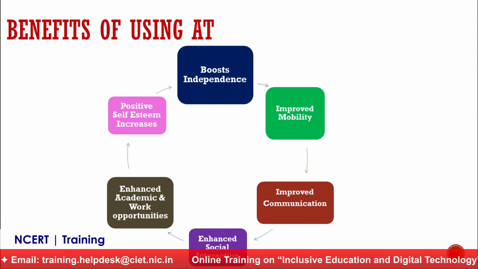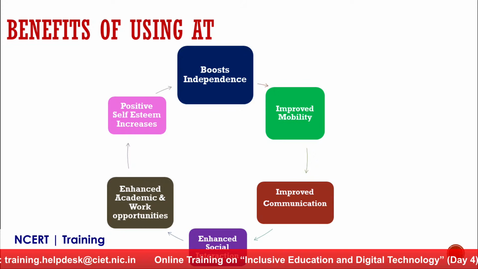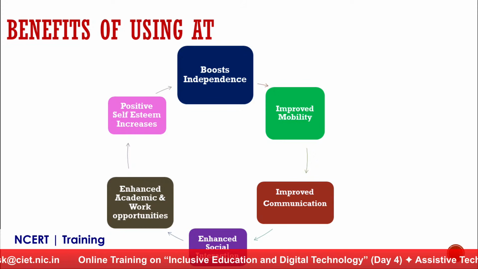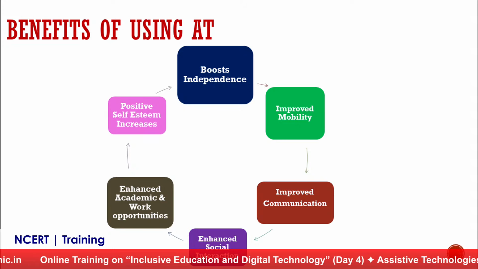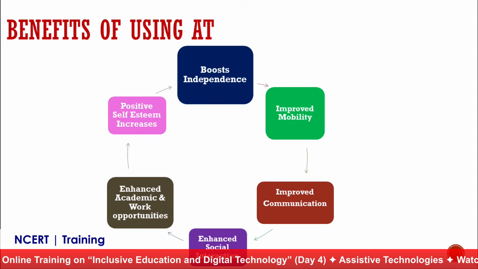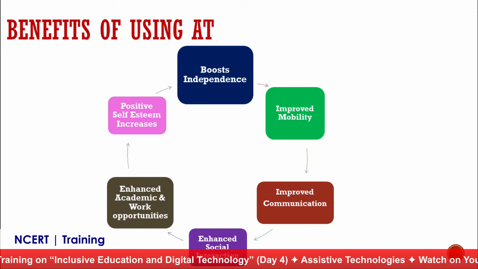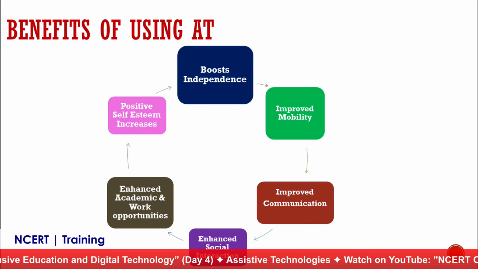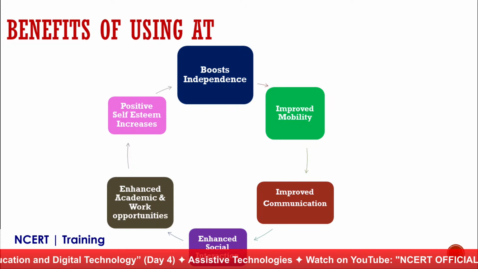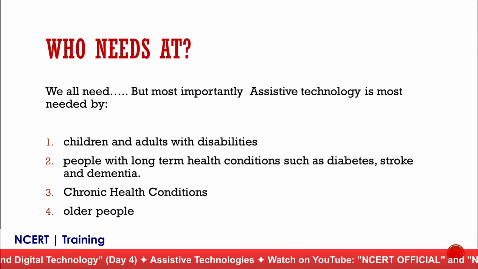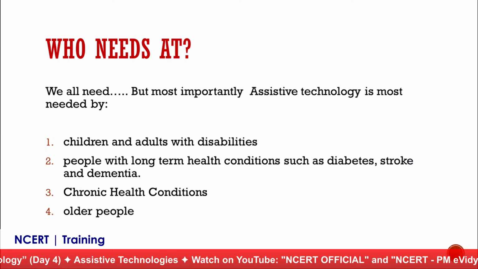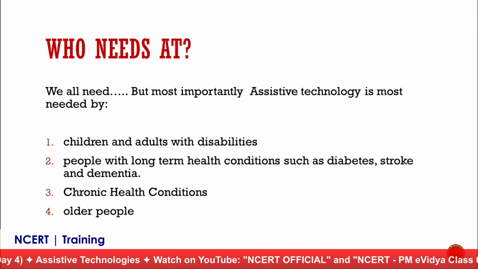Most children, when they are dependent on others, feel that they are low or not on par. But assistive technology really boosts their energies and self-esteem, because they can do all things on their own. These are some of the benefits, but they are not limited to these alone.